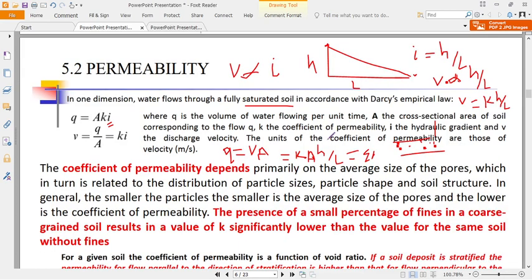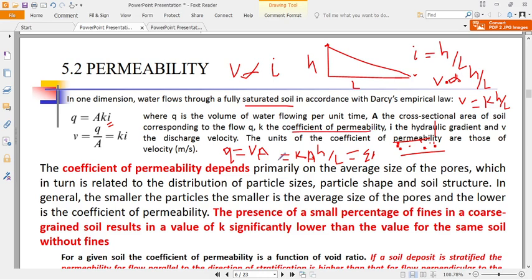Where Q is the volume of water flowing per unit time, A is the cross-sectional area of the soil corresponding to flow Q, and K is the coefficient of permeability, which measures the ability of water to flow through a material.